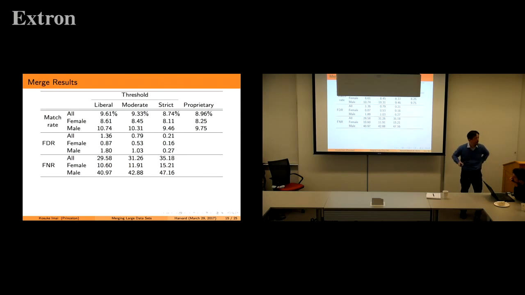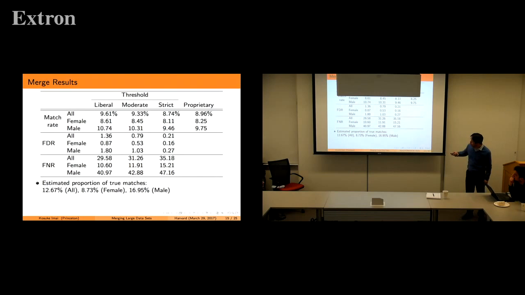Can you talk again about how you calculate the false discovery and false negative rates? Yes, this all comes from the model. The model has the probability of agreement given you are either matched or not. You also have the probability of match. So with Bayes' rule, you can calculate both of these quantities. It's coming from the model parameters.